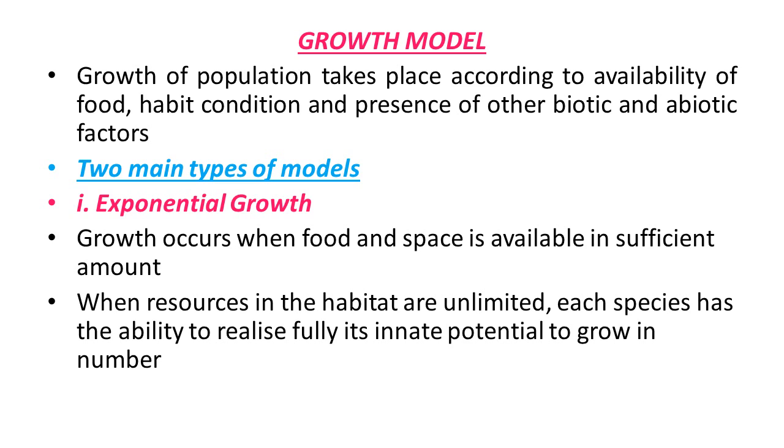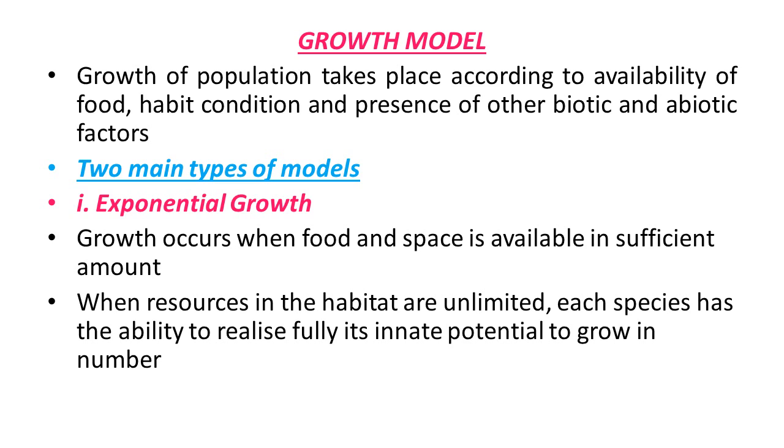Ideally, when resources in the habitat are unlimited, each species has the ability to realize fully its innate potential to grow in number, as Darwin also observed while developing his theory of natural selection. We have an idea about Darwin's theory of natural selection. So the population grows in an exponential, or geometric, fashion.